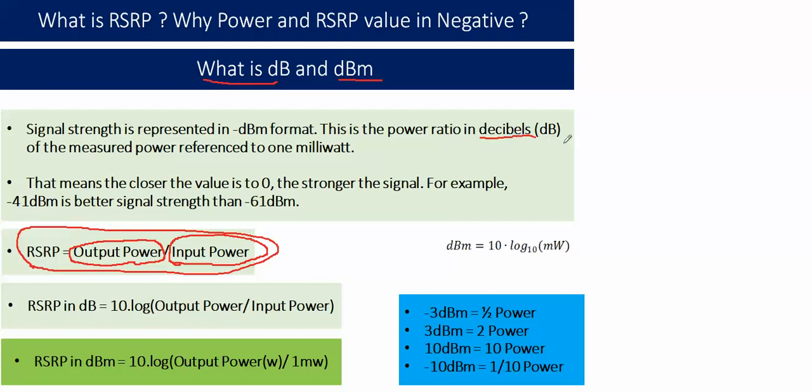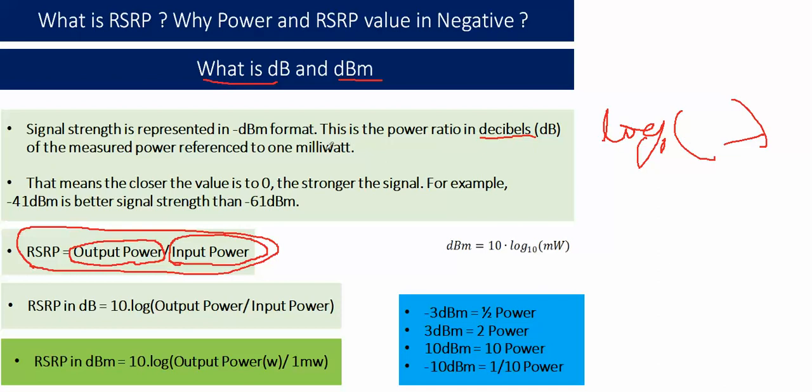Decibel is in the form of a log, so its value can be negative when we take the log of a value less than one.